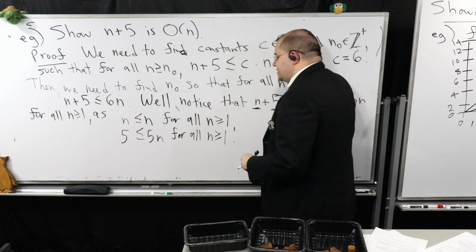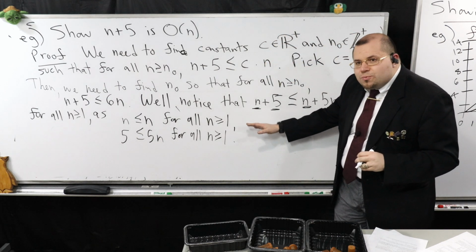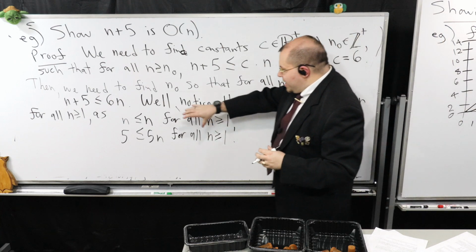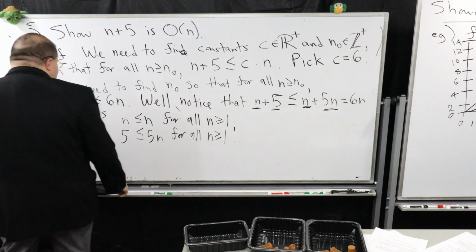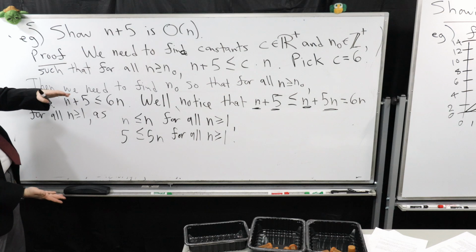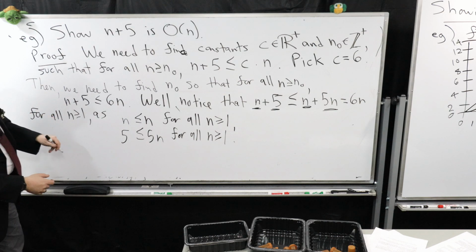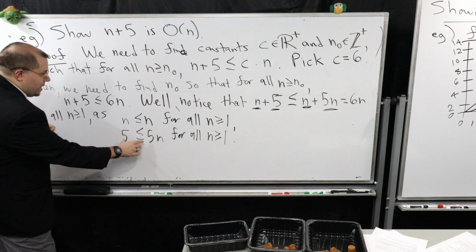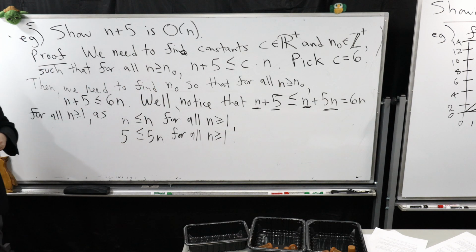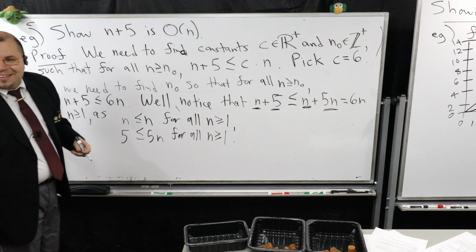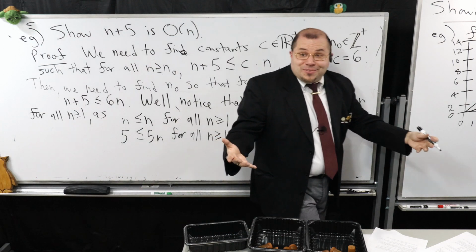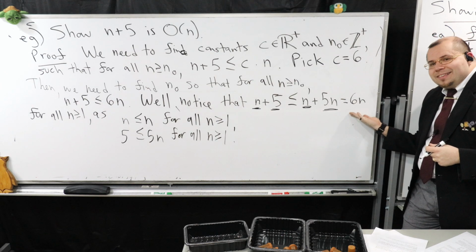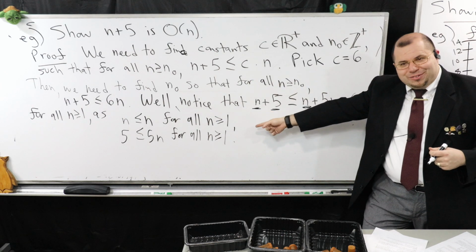Now I must stress that the reason why we could do this is because I have one inequality here and one inequality here. All I'm doing is summing over those two inequalities. So I take this one and I add it to this one and I end up with that over there. Wow, right? So that's where it comes from. I explained the connection between the left-hand side and the right-hand side, and I gave my reason why.